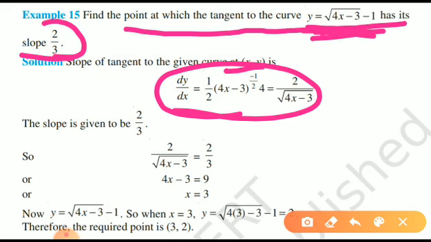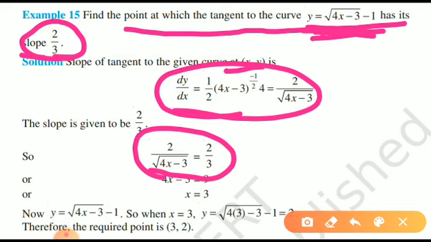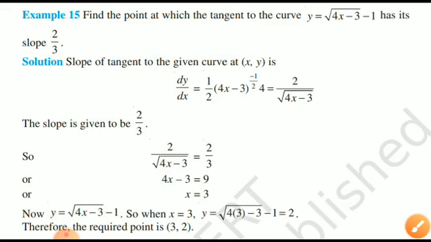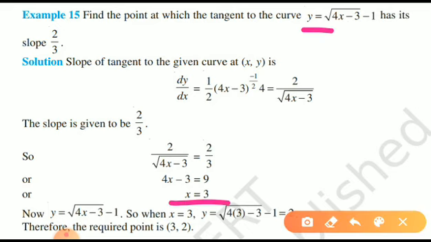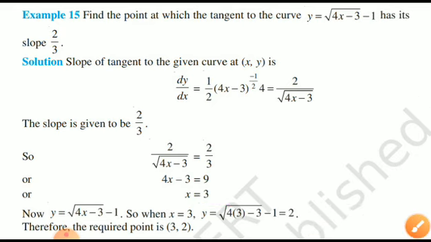But the given slope is 2 by 3, so 2 by root of 4x minus 3 equals 2 by 3. Solving, you get x as 3. Now that I have x, I can find y. Substitute the value of x in the equation and you get y equal to 2. Hence the required point is (3, 2). Clear?